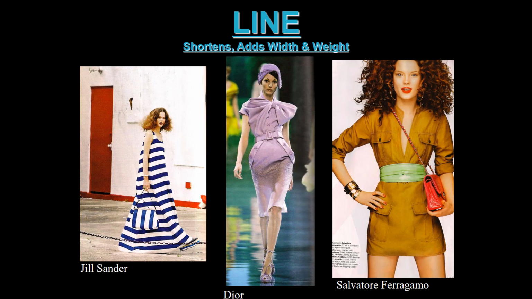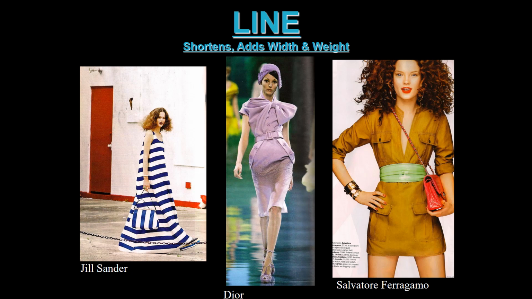So here we go. Here are a few examples in fashion where we're shortening, widening, and adding some weight to our designs. You can see the Jil Sander, wide line, use of horizontal line adds width.